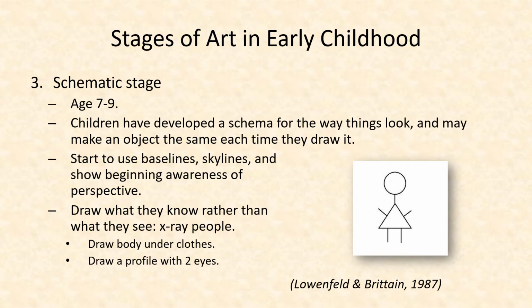In the schematic stage, we find that children already have a schema for the way things look. In other words, they're starting to understand the scheme of things. So they're trying to make an object, and they're trying to draw it as they see it.